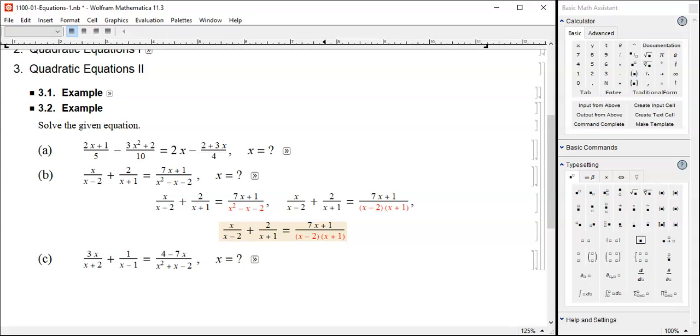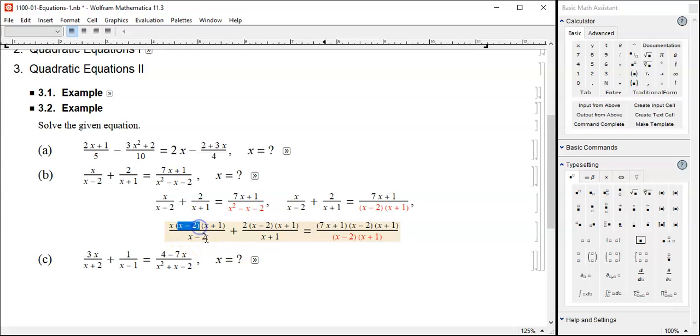So what do I multiply? I'm going to do this. x minus 2 times x plus 1 here, x minus 2 times x plus 1, and the same thing here, x minus 2 times x plus 1. Okay, all right. Now, do you have some simplification here?